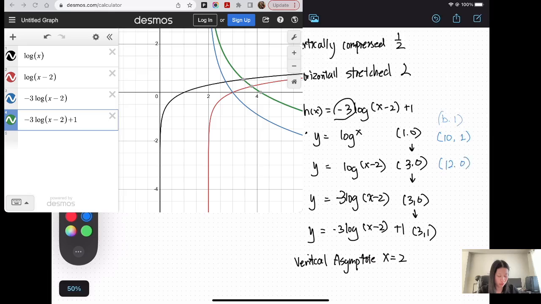So you have a 12, 1. And then what about you times negative 3? Here should be 1. So when you times negative 3, that will stretch the point. So in this case, when you stretch vertically, that means your 1 is going to change, right? So that means you're going to pass 12 and then negative 3. And after that, you need to shift up. So that means you're going to pass the point 12 and then negative 2, because you plus 1 on the y coordinate. So that will be the point changes.